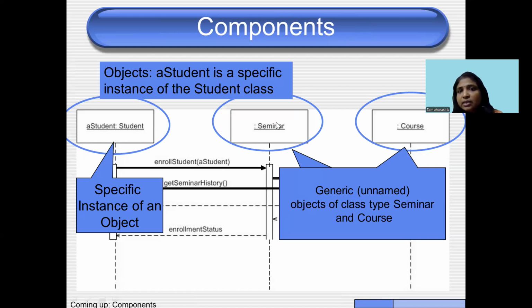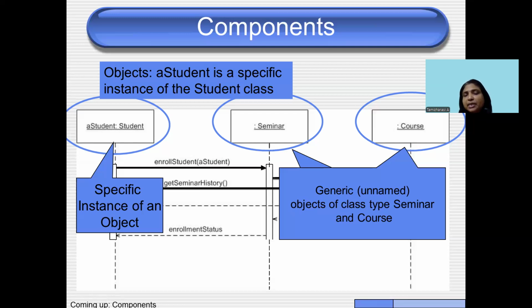Seminar is a class, and you can have a generic object for the class seminar. Similarly, course is a class, and you can have a generic object of the class type course. These two are generic objects, whereas a student is a specific object. So two main things we have discussed: generic objects and specific objects.